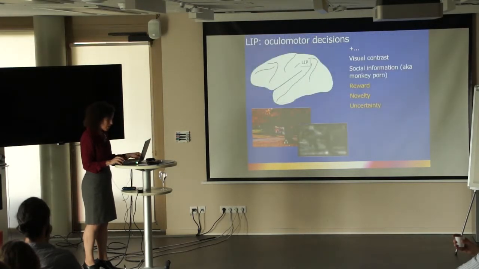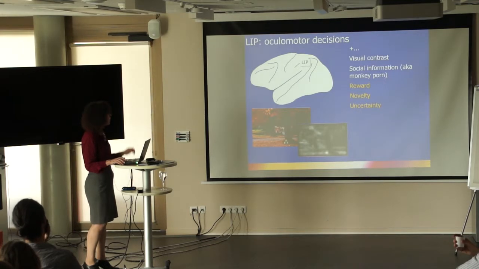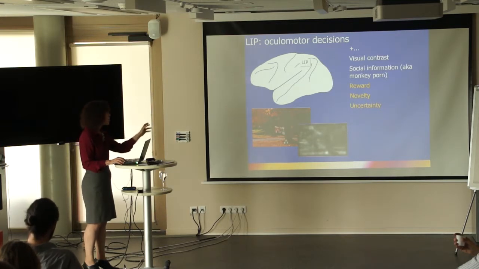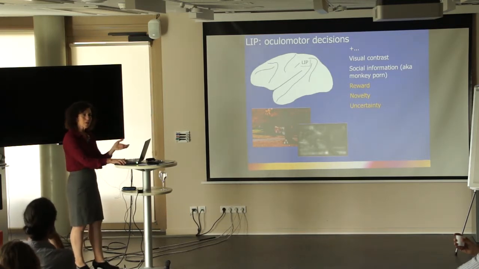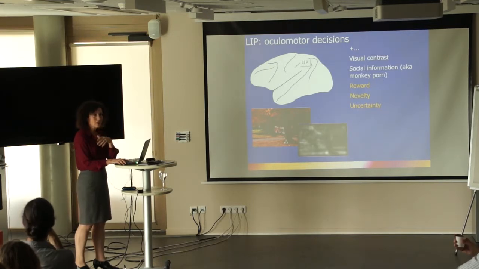Okay, so just to reintroduce LIP really quickly. Yesterday I told you that LIP selects targets for goal-directed actions. When you have a goal-directed saccade that serves a certain action, you have this top-down mode of selection. But in addition, we know that the same neurons also respond to a variety of factors that don't seem task-related, such as salience.